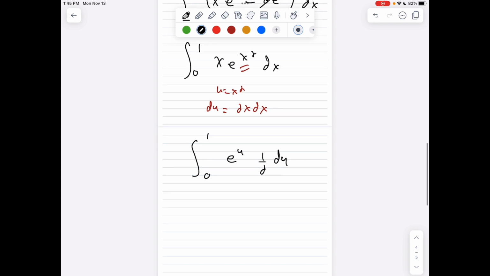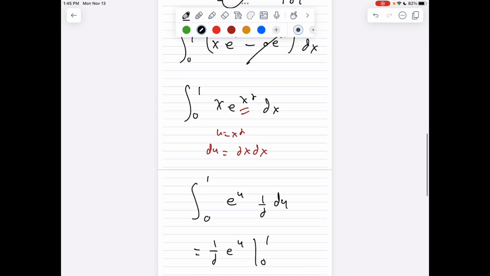And you would have gone 1/2 e to the u as your answer from 0 to 1. Additionally, by the way, I did change the limits of integration. When x is 1, u would be 1 squared or 1. When x is 0, u would be 0.